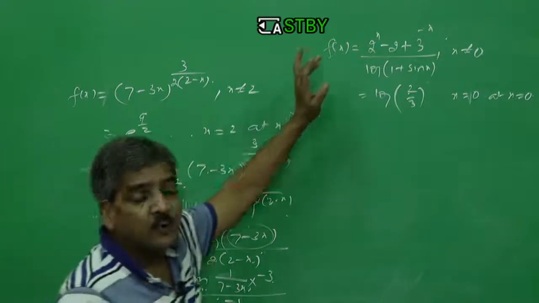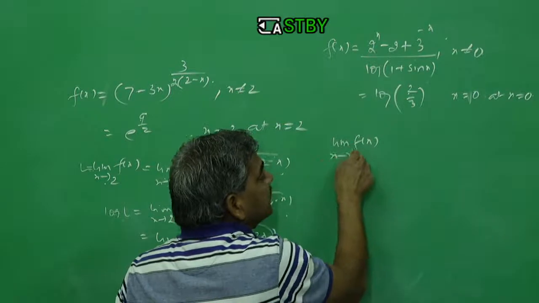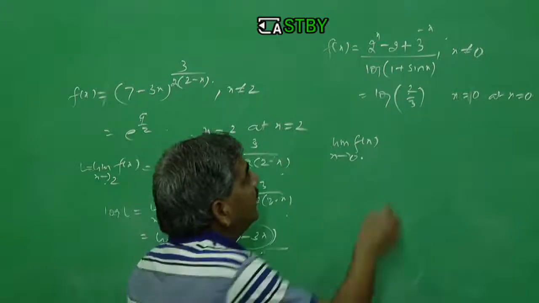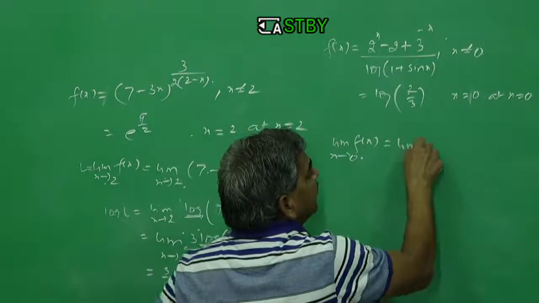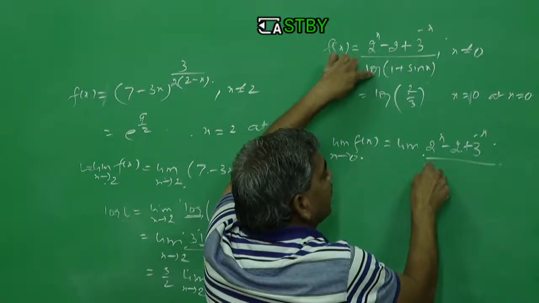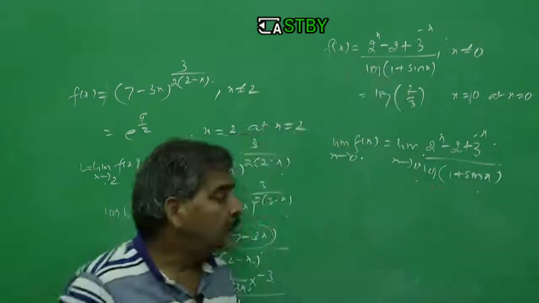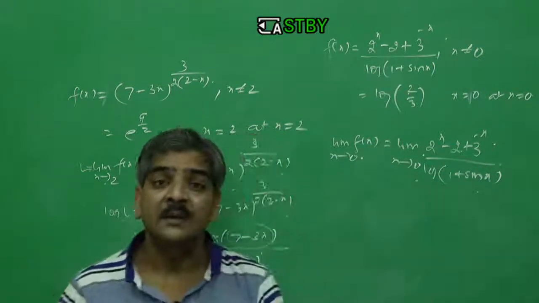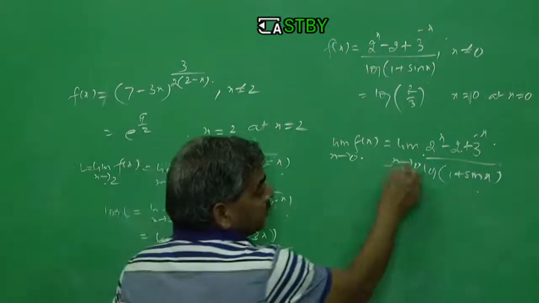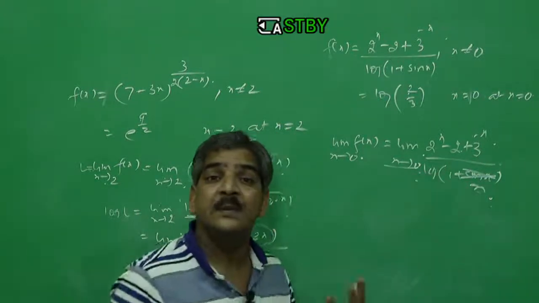Here listen to this problem. Limit of f of x as x tends to 0. Okay, you can confirm limit of this quantity, limit of (2 raised to x minus 2 plus 3 raised to minus x) whole upon log of (1 plus sine of x), x tends to 0. Now this log of (1 plus sine of x), this is approximately equal to x. कैसे? x approaching to 0, sine of x is approximately x, log of (1 plus x) is approximately equal to x.